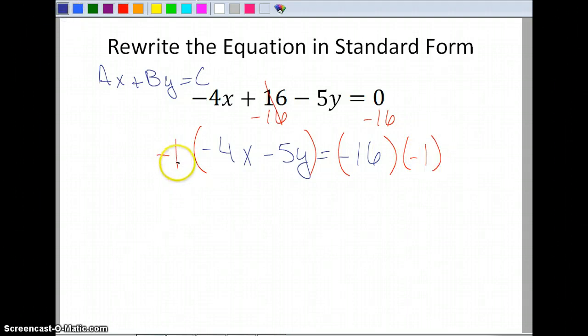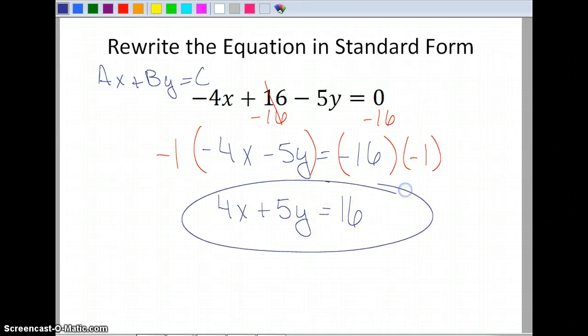So when I do that, -1 times -4x gives me positive 4x. -1 times -5y gives me positive 5y. -16 times -1 gives me positive 16. I double check to make sure I'm in the form ax plus by equals 16. All of my numbers are integers, and I'm done.